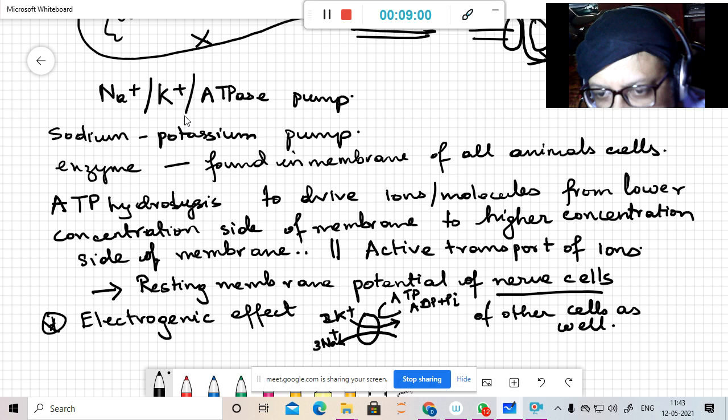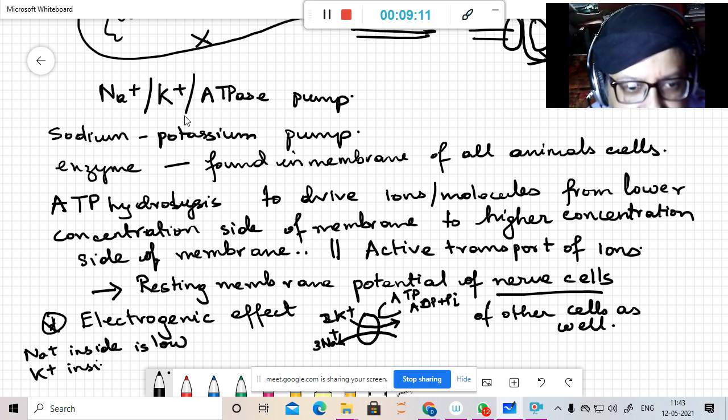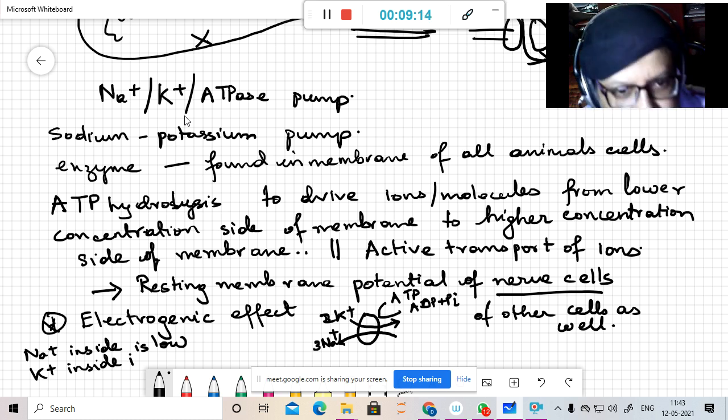As you know, in the cell, Na plus inside is low and K plus inside is high.